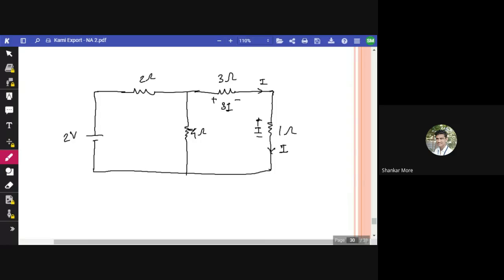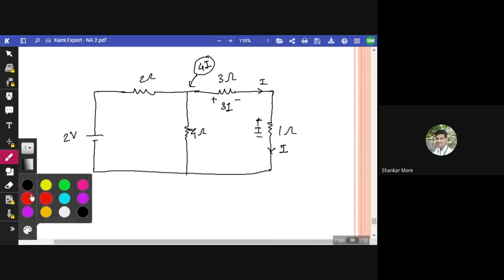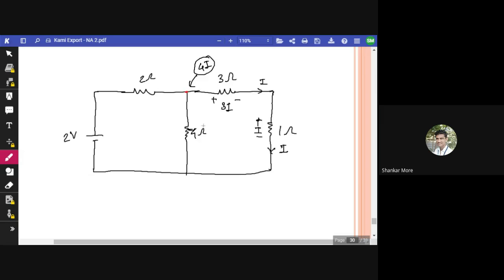Let's go. See, if we go from this side, 3I plus 1I, that means the potential or the voltage here will be 4I, isn't it? 4I should be the voltage here. If we consider these two terminals, let me just point it out, this is one terminal, this is the second terminal, and the voltage between these two terminals will be 4I.